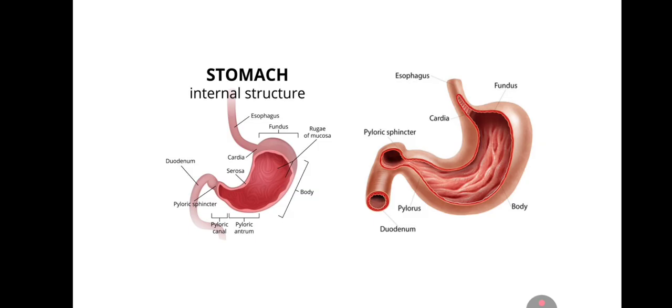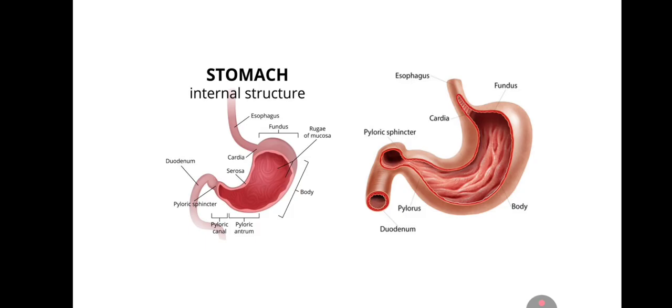Then we will see the stomach. In the stomach, food enters through the cardia. The stomach has different parts. The upper part is called the fundus, and there you can see the body. After that you can see the rugae. Then the pyloric sphincter.